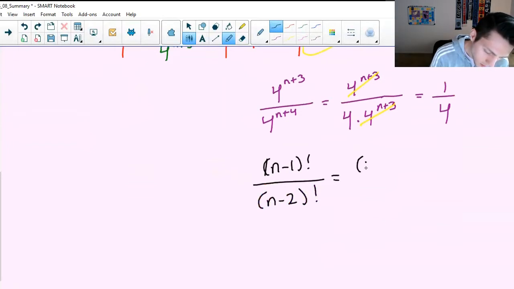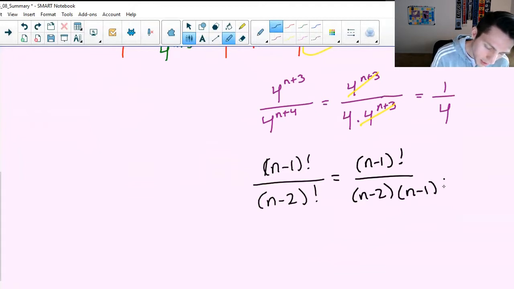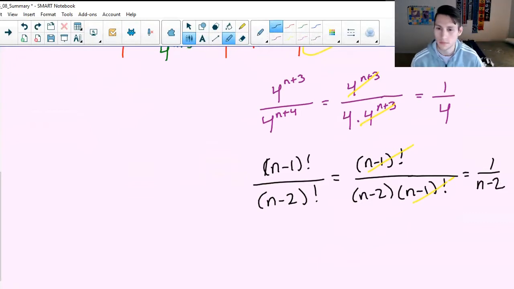Equals, so n minus 2 factorial in the denominator, I know that is the same thing as n minus 2 times n minus 1 factorial, which means these will cancel, leaving me with 1 over... what?